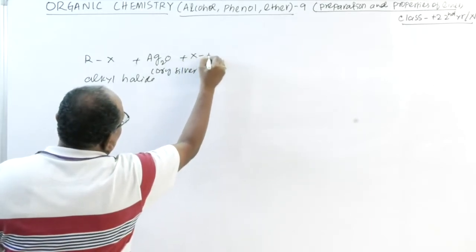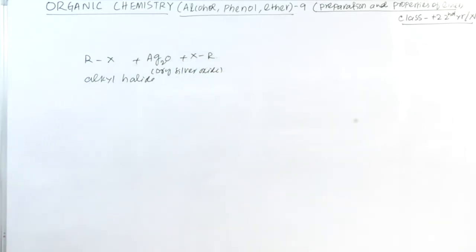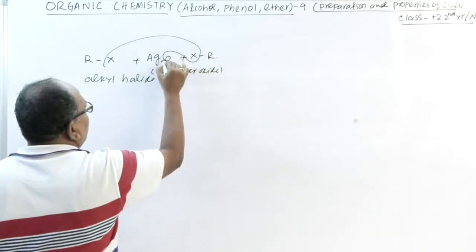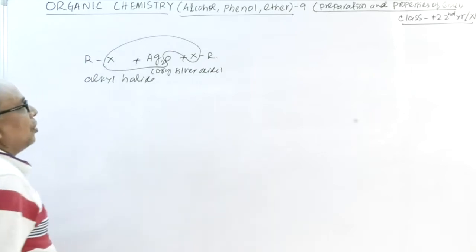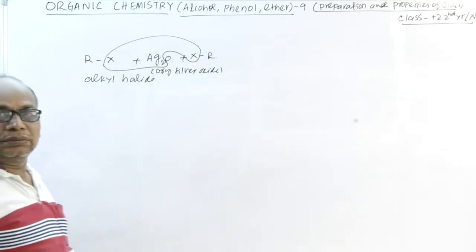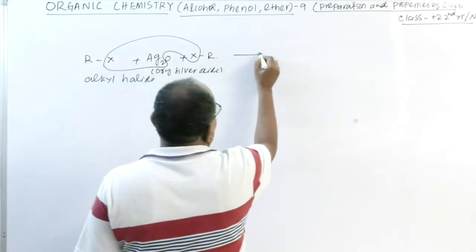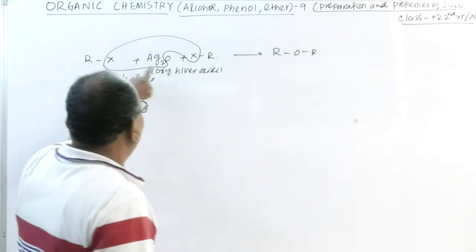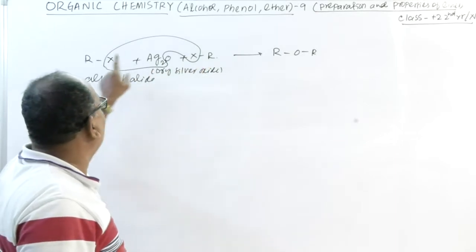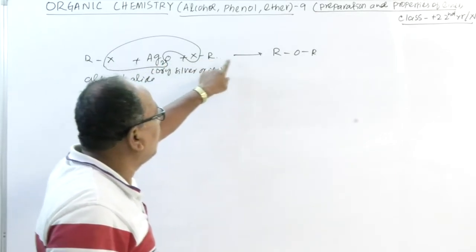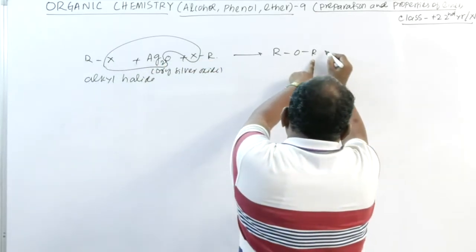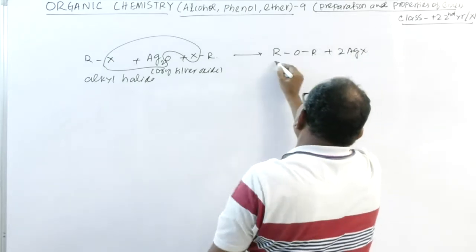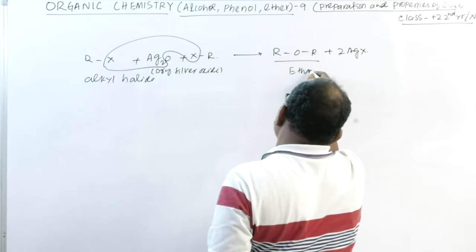You take another molecule, and the halogen atom gets substituted with oxygen. It gives one molecule of ROR plus 2 molecules of AgX. This is your ether.